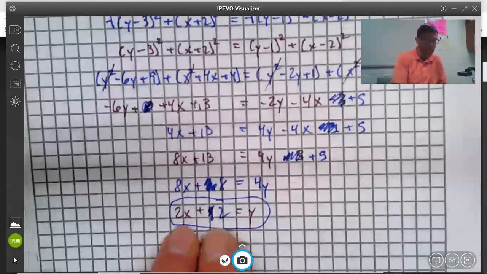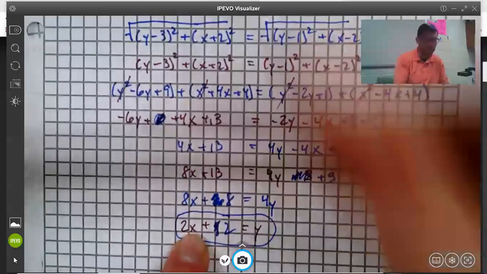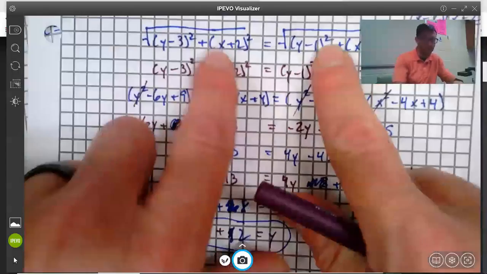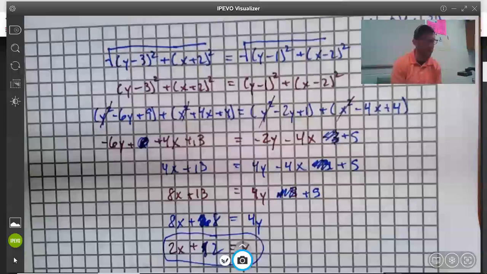What this means is that any xy pairs that fit this equation, so if I can plug an x and a y in here and they come out to be true, then they're points on this line, and going back up to here, they're also the same distance from either A or B. And that's a lot of work for one problem.